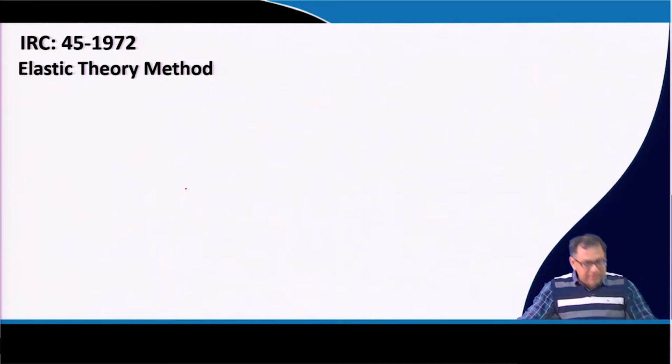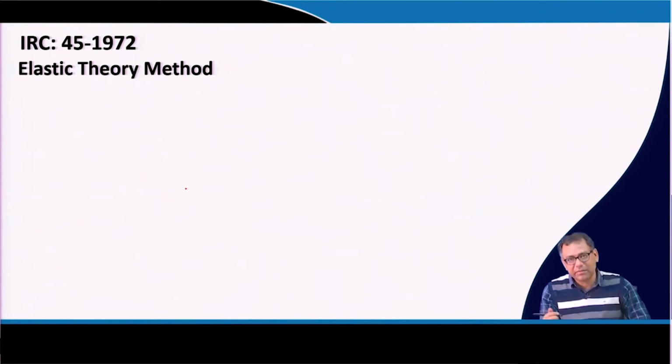Next, I will discuss the approach based on the IRC codal recommendation, IRC 45 1972, which is the elastic theory method. This elastic theory method is applicable for non-cohesive soil, and will not apply if the depth of the well below the scour level is less than 0.5 times the width of the foundation in the direction of the lateral force.